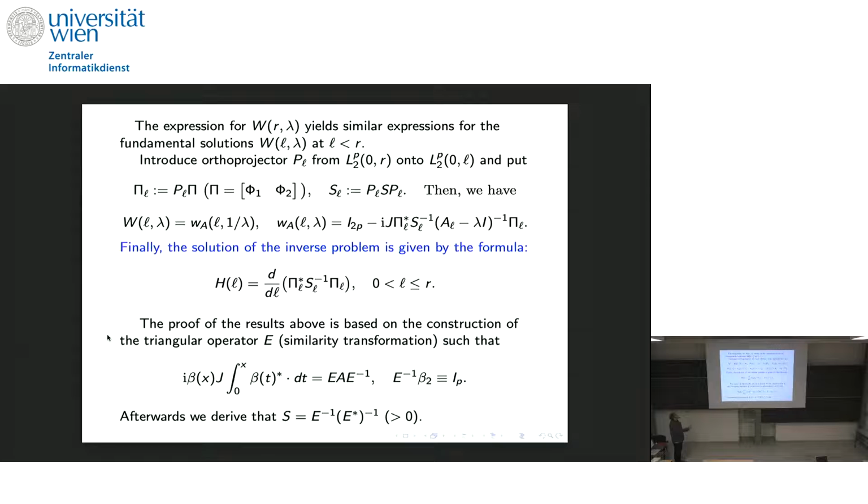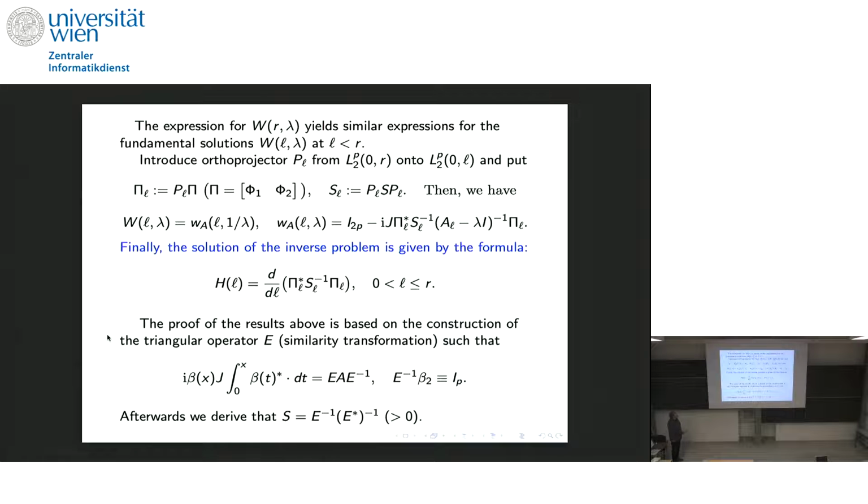Then the formula is quite similar to the formula that we had for the fundamental solution at the end of the interval. And the solution of the inverse problem is given by this formula for the Hamiltonian.